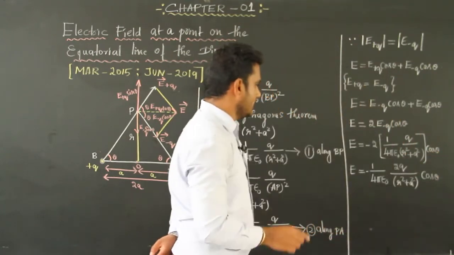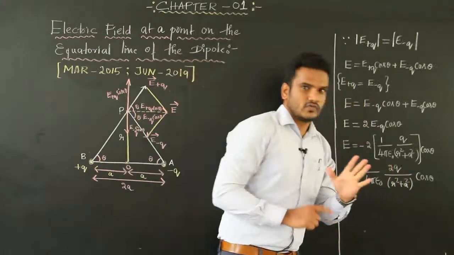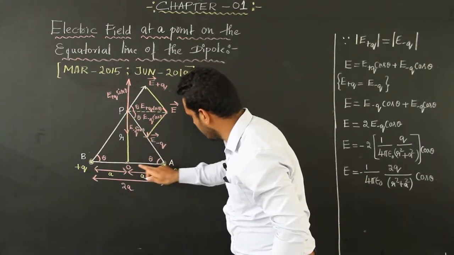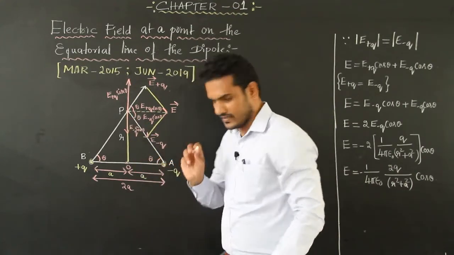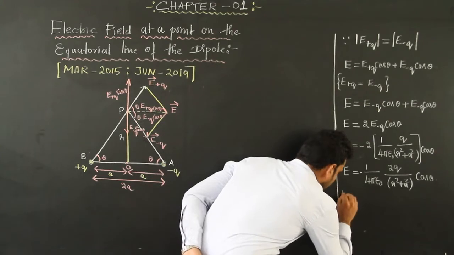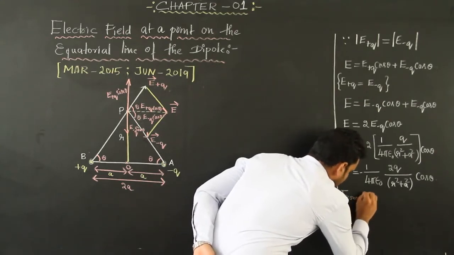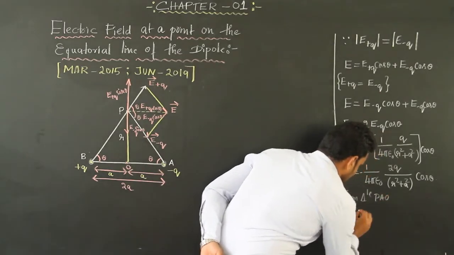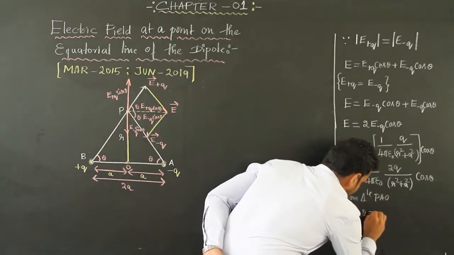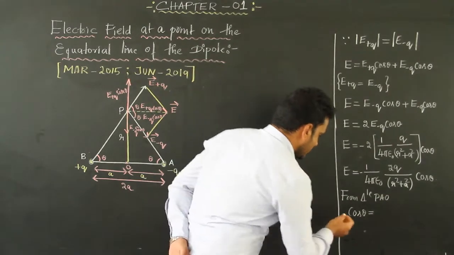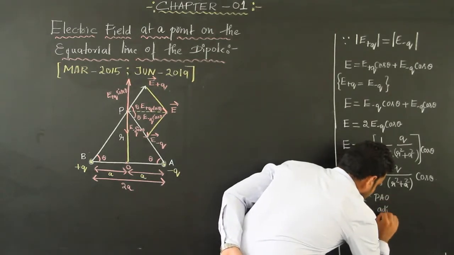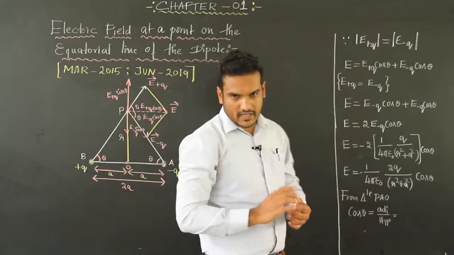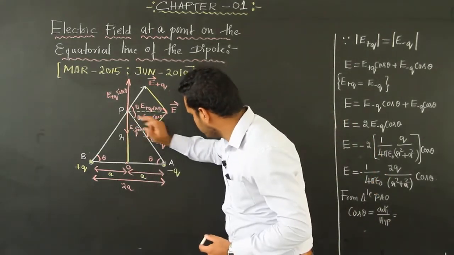So we need to find cos theta. The value of cos theta can be understood by taking the triangle PAO. From the triangle PAO, cos theta: what are the sides for cos theta? Adjacent by hypotenuse. Look at the triangle PAO.